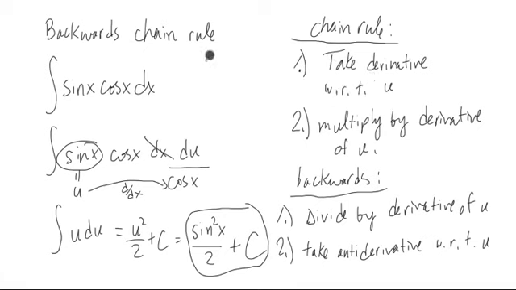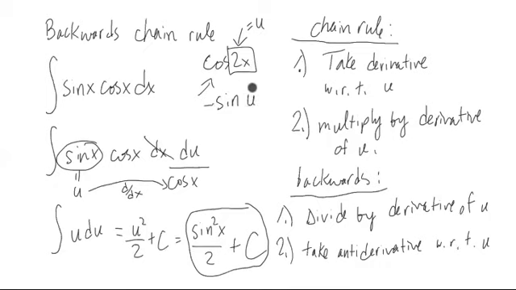For instance, if we had something like cosine of 2x perhaps, then we could let 2x be equal to u. So in taking the derivative, what would happen? Well, first we take the derivative of cosine of chunk, or cosine of u rather, which is negative sine of chunk, or sine of u, say.